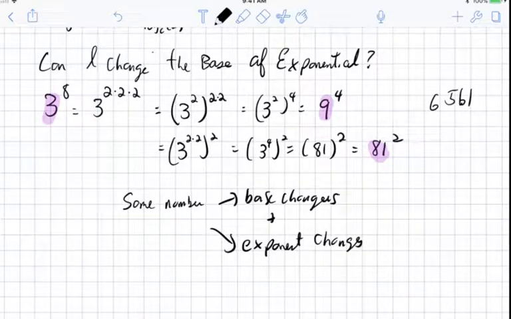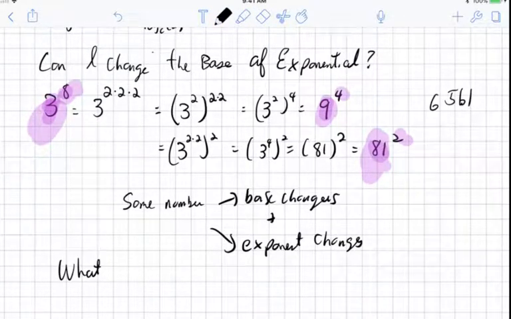So when 3 became 9, 8 became 4. When 3 became 81, 8 became 2. So the question when we're talking about changing the base isn't, is it possible? The question here is, how do I change the exponent?